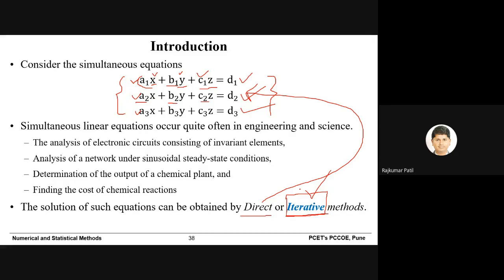So you can develop a program for solving simultaneous equations, so that in a very short time you will get the solution, and that particular program can be used at any time to solve any kind of simultaneous equation. So that is the philosophy behind using the iterative method and writing the program.